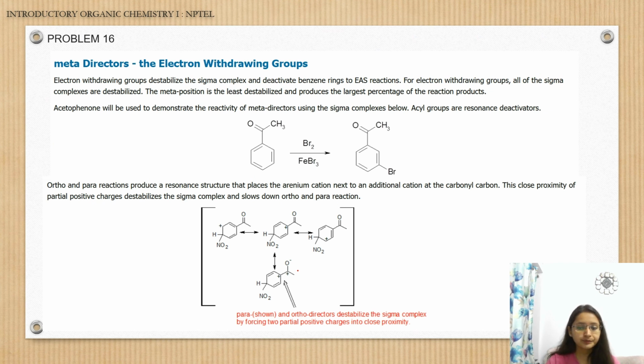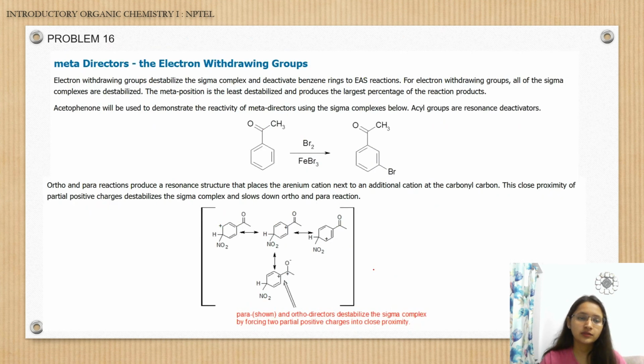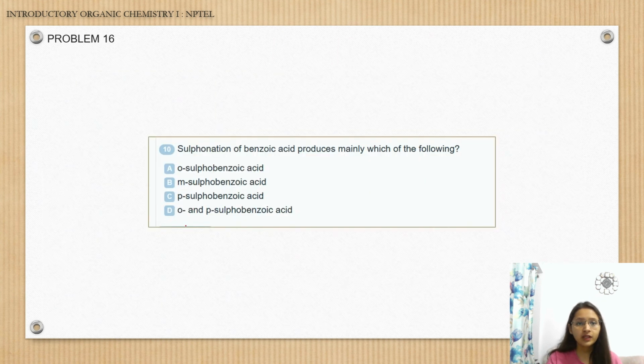So here, if an electron withdrawing group like nitro is present, the electrophile will stabilize the meta position well rather than ortho and para, because an unstable positive charge is formed in both the ortho and para cases. So it is actually a 12th standard question. Here the correct option will be option B. Why?